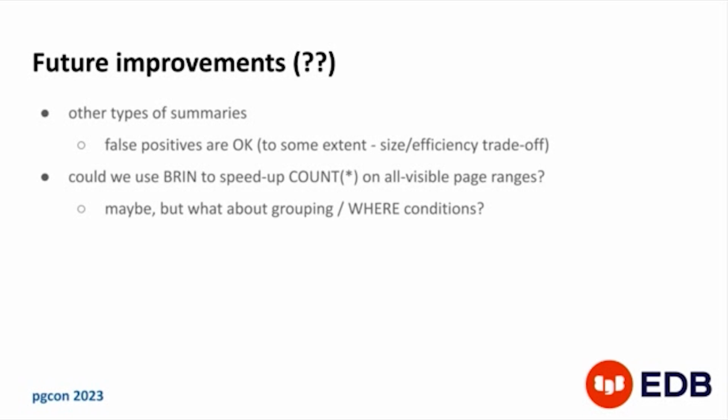I'm sure there are a lot of problems with that, but we only do index-only scans for all-visible pages anyway. So maybe you could do something like that for BRIN indexes too.